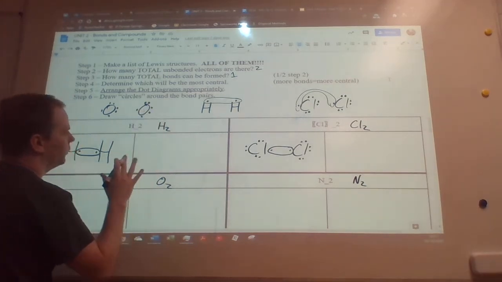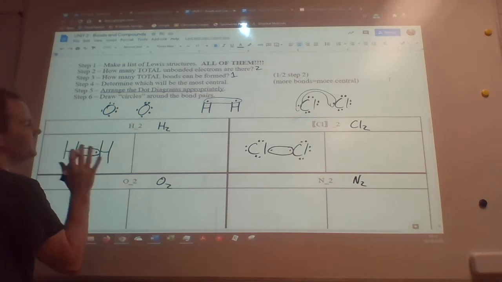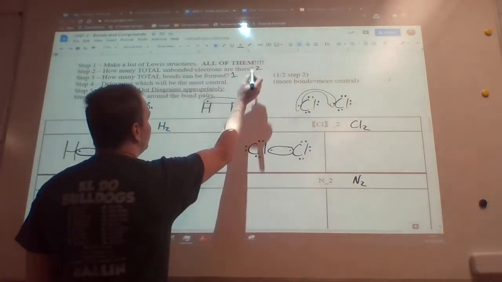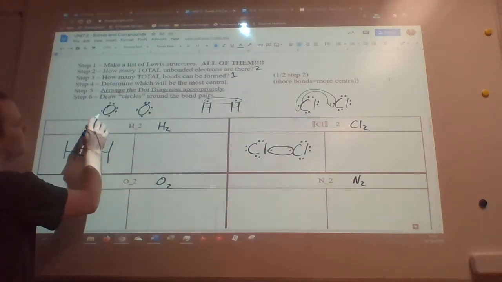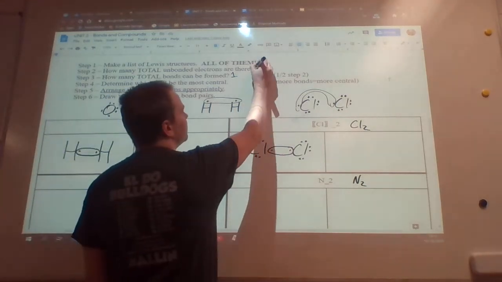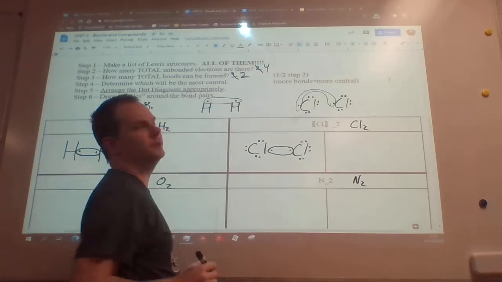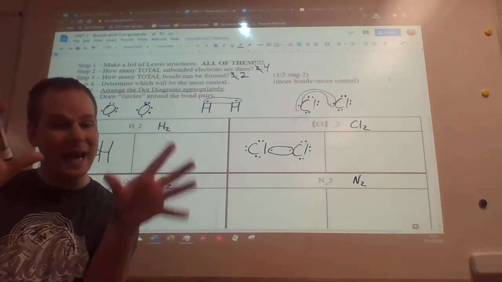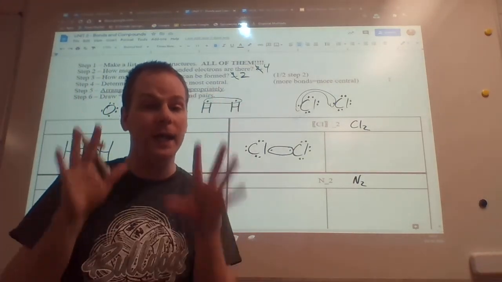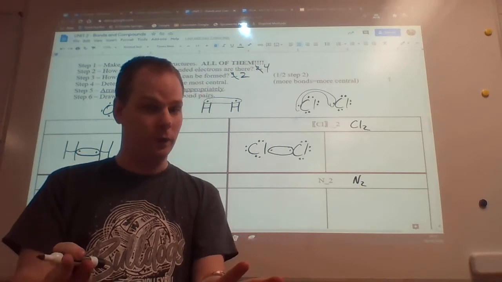I did that one in a weird order. Now, this time, there are not 2 unbonded electrons. There are 4, because there's 2 in each element. So we are going to need 2 bonds instead of just 1, because we cannot have any unpaired electrons left when we're done.